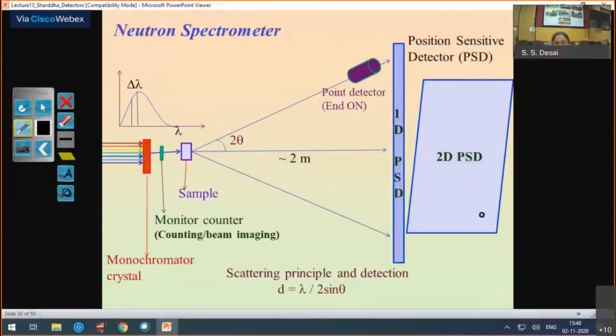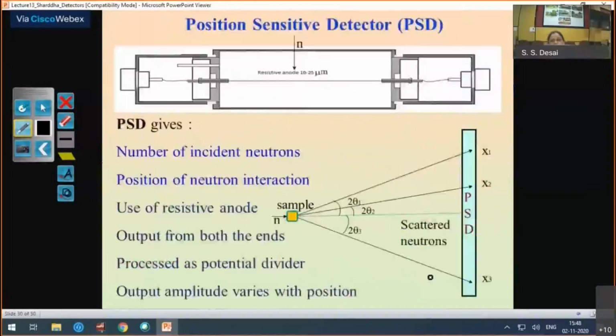Here a two-dimensional PSD, that is the area PSD, can give you the entire volume within a very short time. But this area detector has a complicated hardware structure, as you can see from the dimensions itself, as well as complex electronics for processing the pulses, which I will briefly explain.